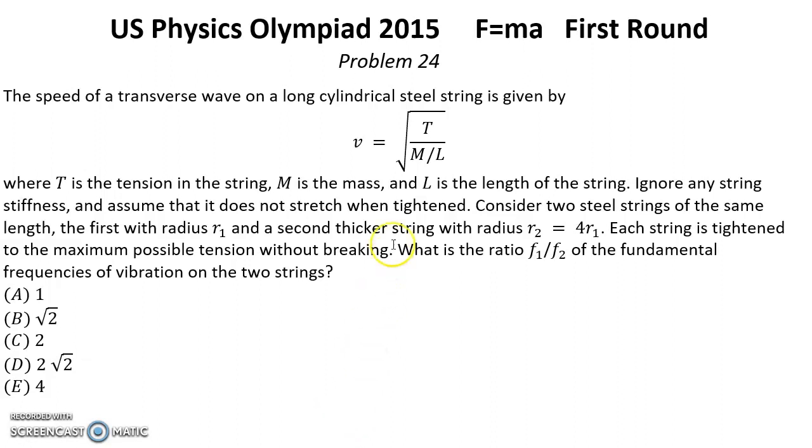So the numerator and denominator both increase 16 times. It means that the speed of the transverse wave will not change. And we have speed equal to fundamental frequency multiplied by wavelength, and because the strings have the same length, lambda will be the same. So the answer is 1.